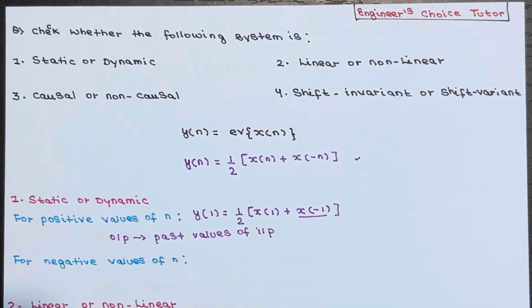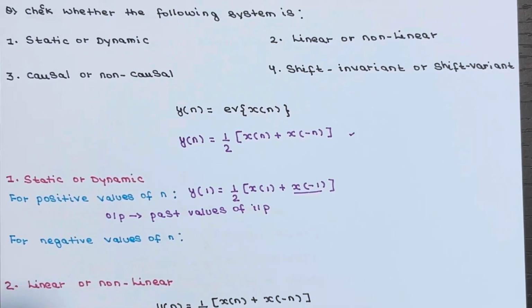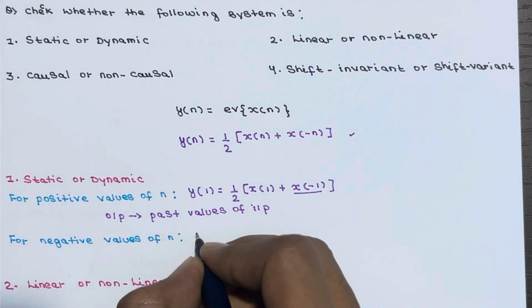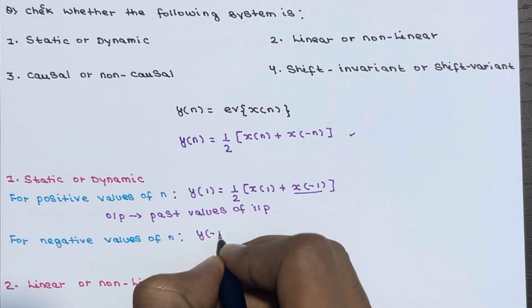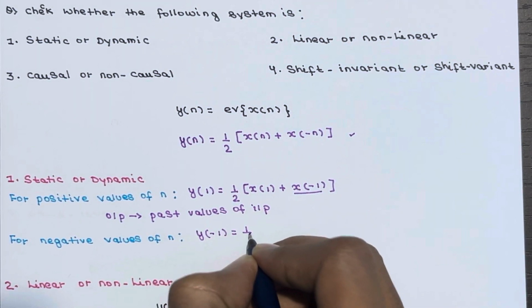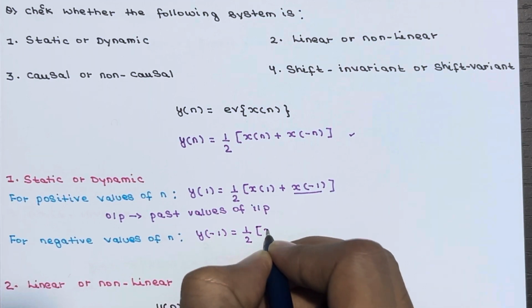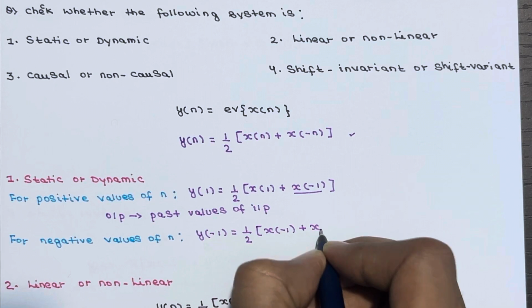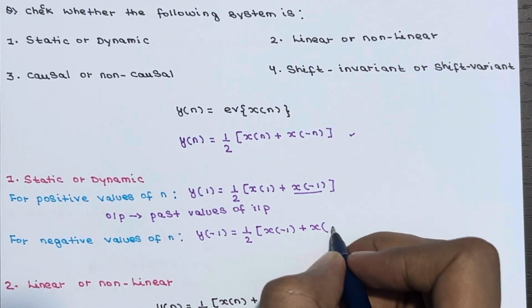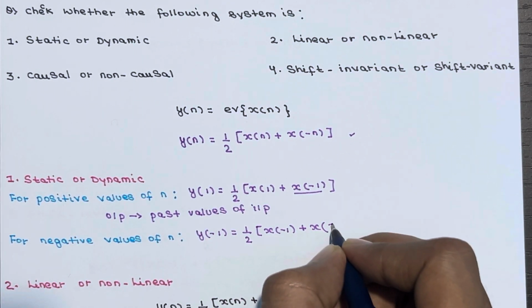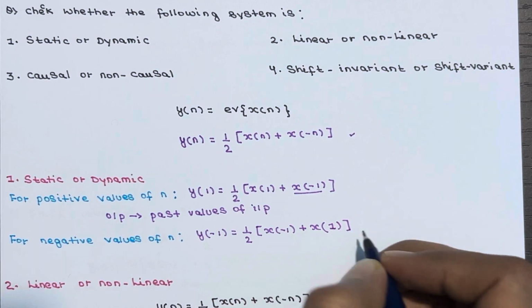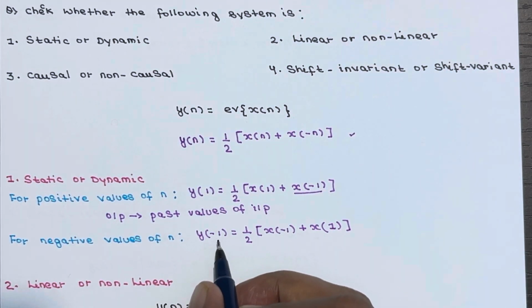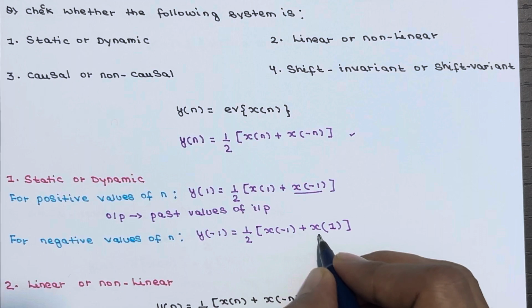Clear? Now let's check for negative values of n. Suppose y of minus 1. So 1 by 2 into x of minus 1 plus x of minus minus 1, which means plus 1. We are at n equal to minus 1, but it depends upon x of 1.